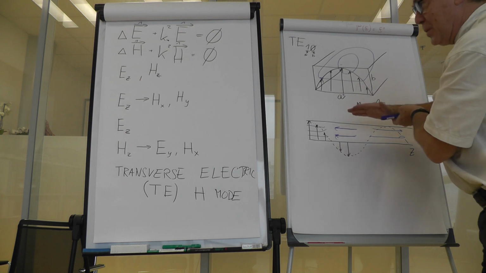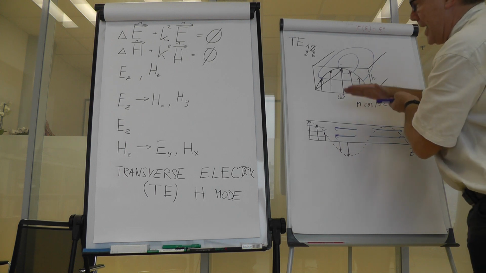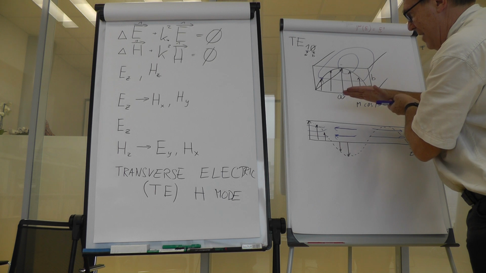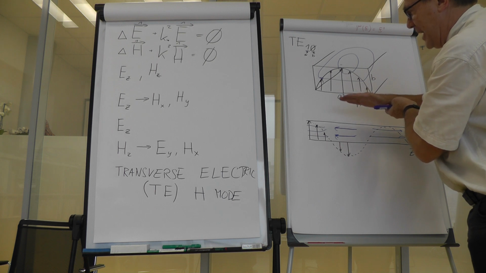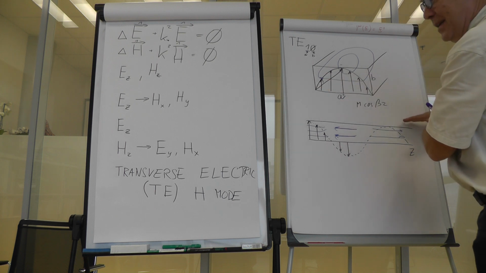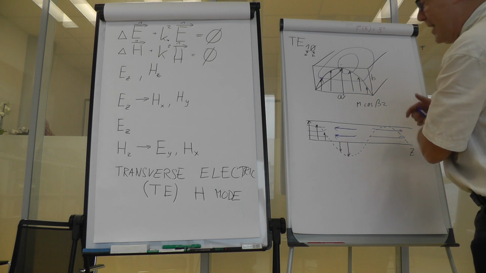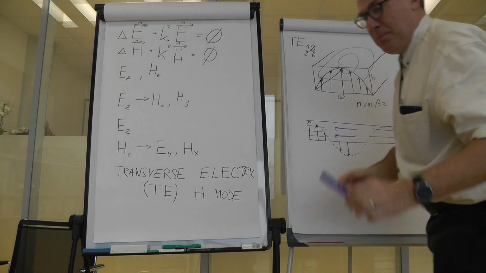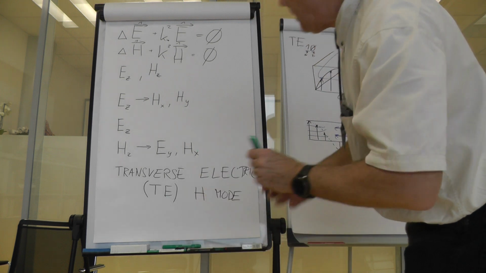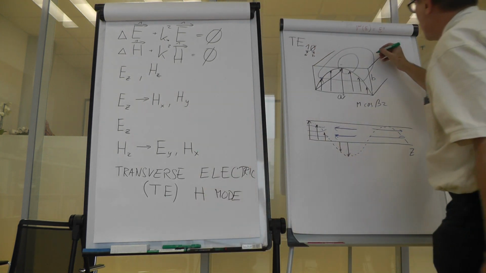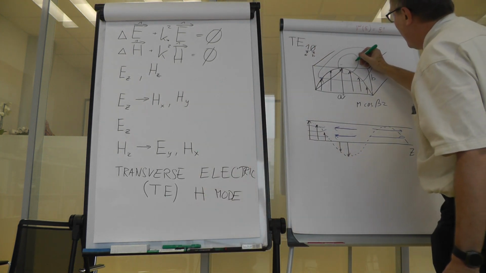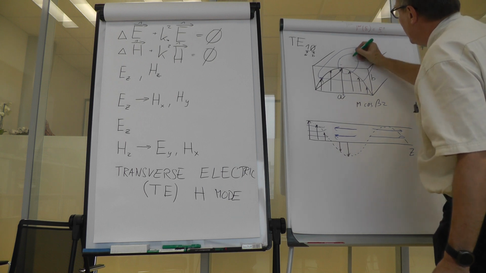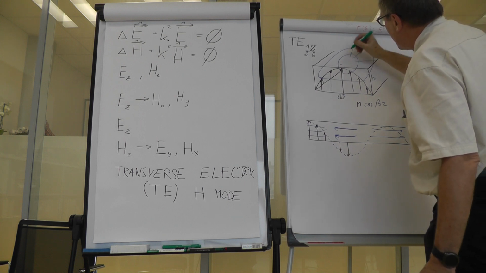And at this boundary, the magnetic field must be accompanied by current flowing on the boundary. And the current must be perpendicular to the magnetic field. So we have a current that is flowing just in this direction.